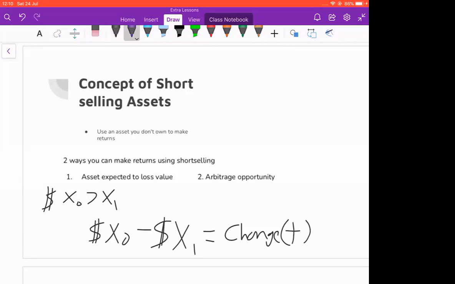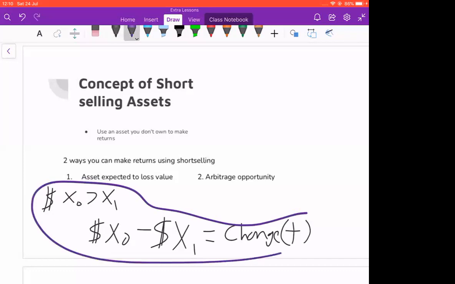Another way you can make profit from short selling is when there is an arbitrage opportunity. In this course, we are going to look at arbitrage. We are going to consider it in this way: it's when we don't want to use our own money.